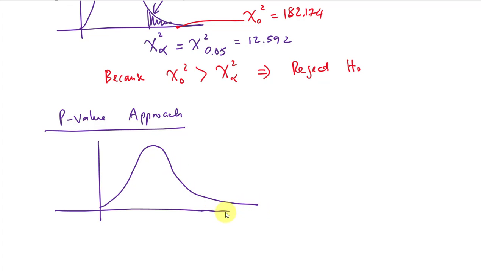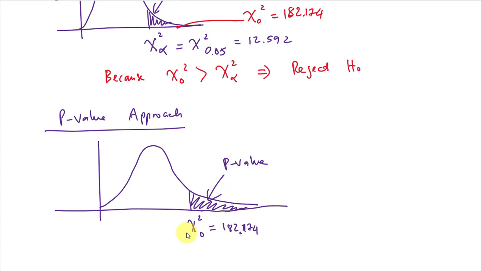Something like that. And right here is your test statistic, the value of which is 182.174. We are looking for the area right here. This area is the p-value.